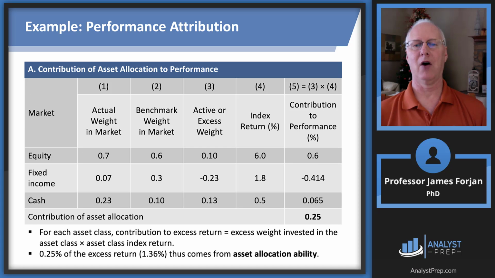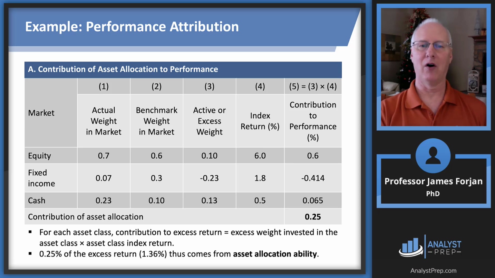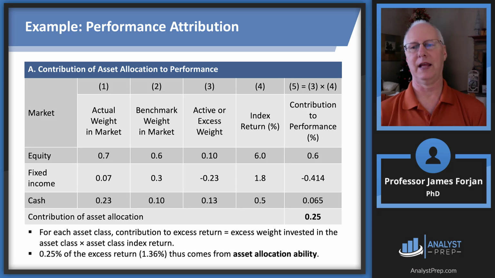We're seeing how our difference in weights affected the return on that index. So there, column 5, all we do is take 3 times 4 and we sum that. So contribution of asset allocation is 0.25. Let me go ahead and repeat that. Contribution of asset allocation is 0.25.